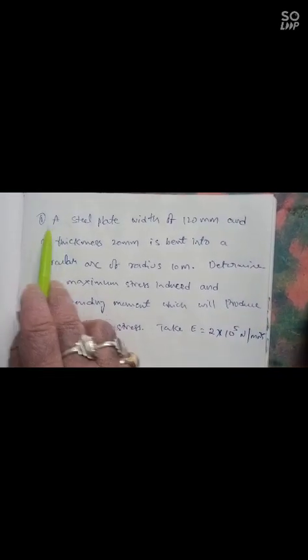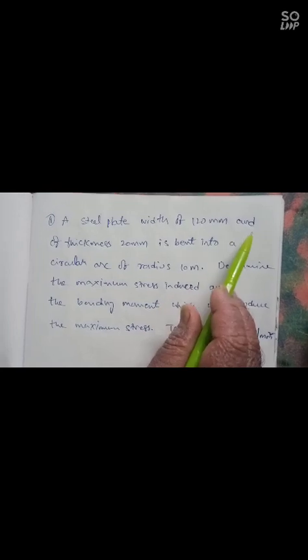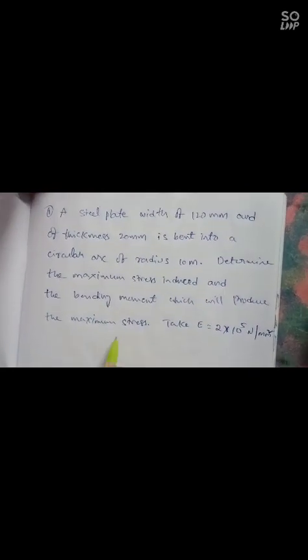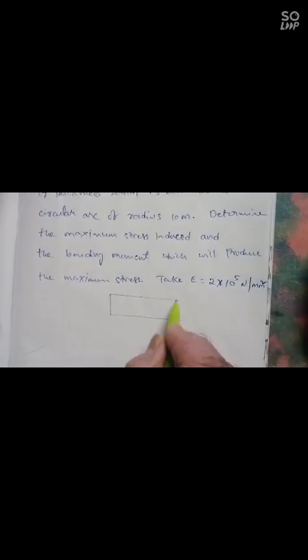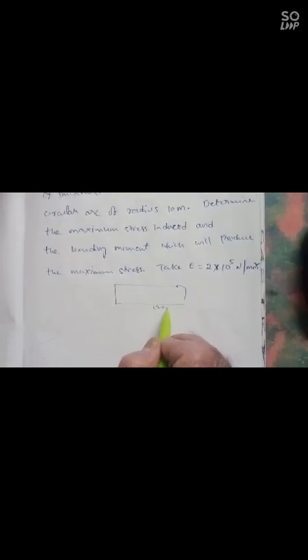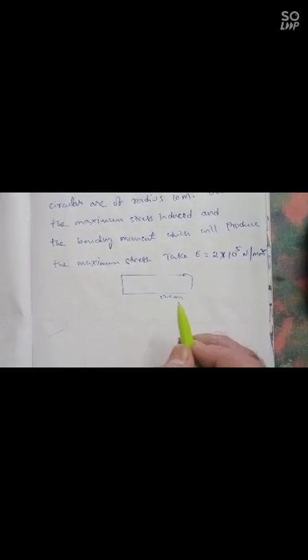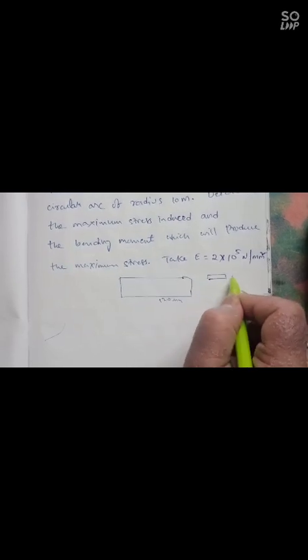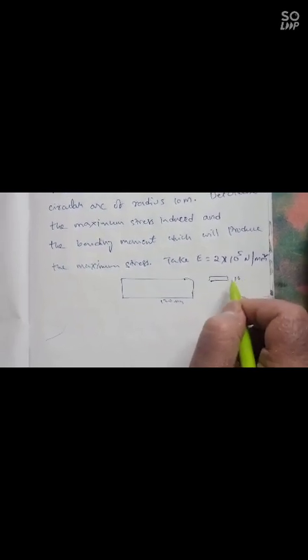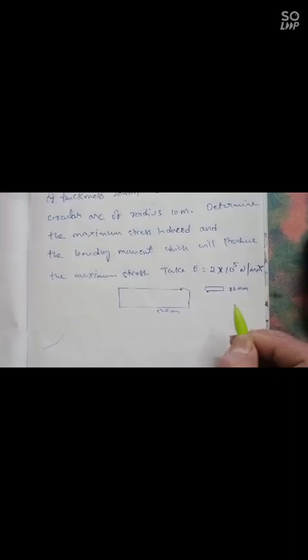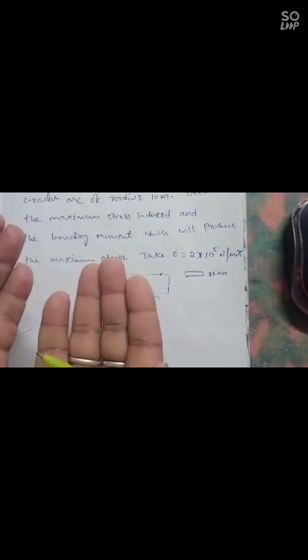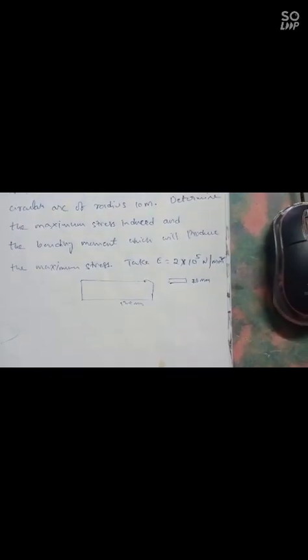Okay, so a steel plate width of 120 mm and of thickness 20 mm. One steel plate is given with a width of 120 mm, and its thickness is given as 20 mm, which was bent into a circular arc of radius 10 meters.